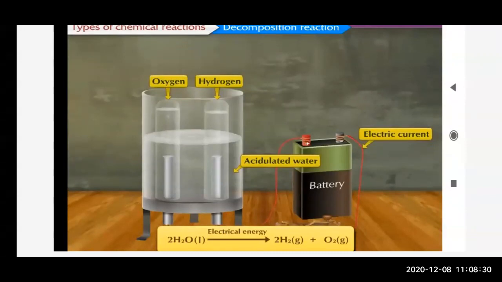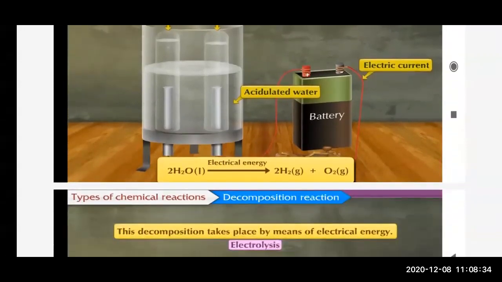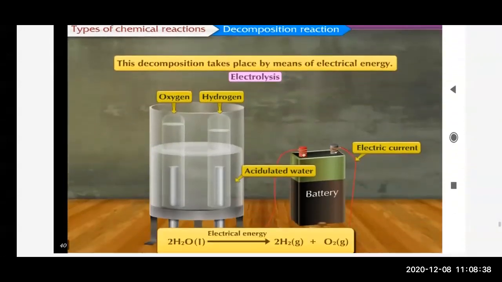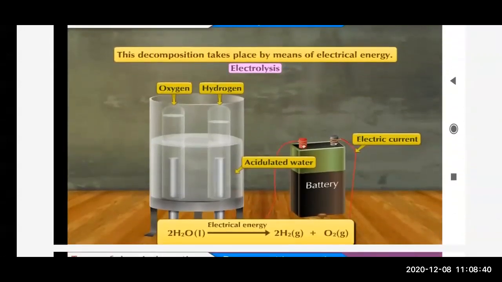So for H2O, the products formed are H2, that is hydrogen gas, and oxygen gas. This decomposition takes place by means of electrical energy, and it is called electrolysis. Now here also, if you see, there is only one reactant, and there are two products.